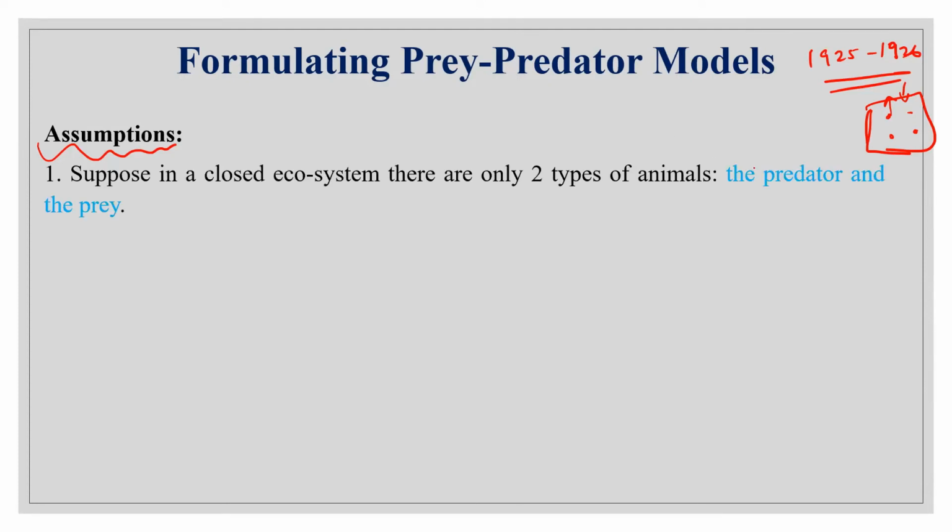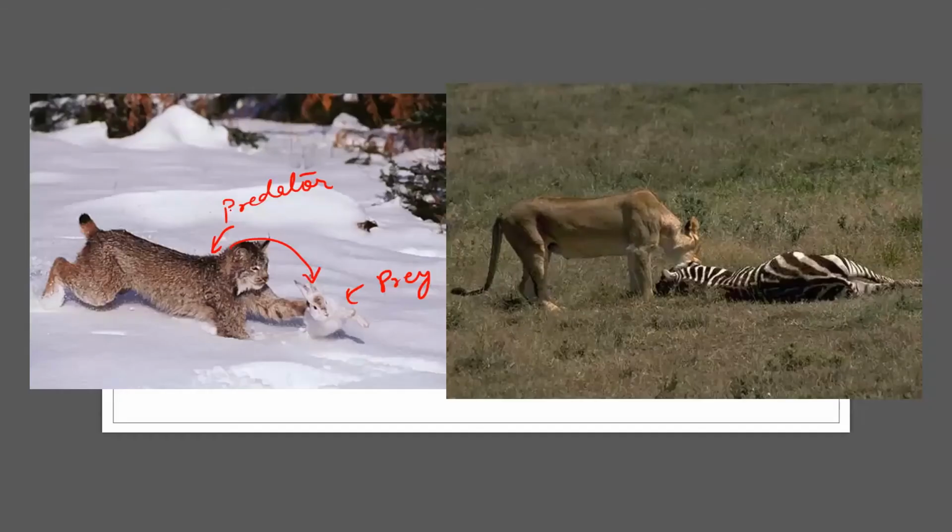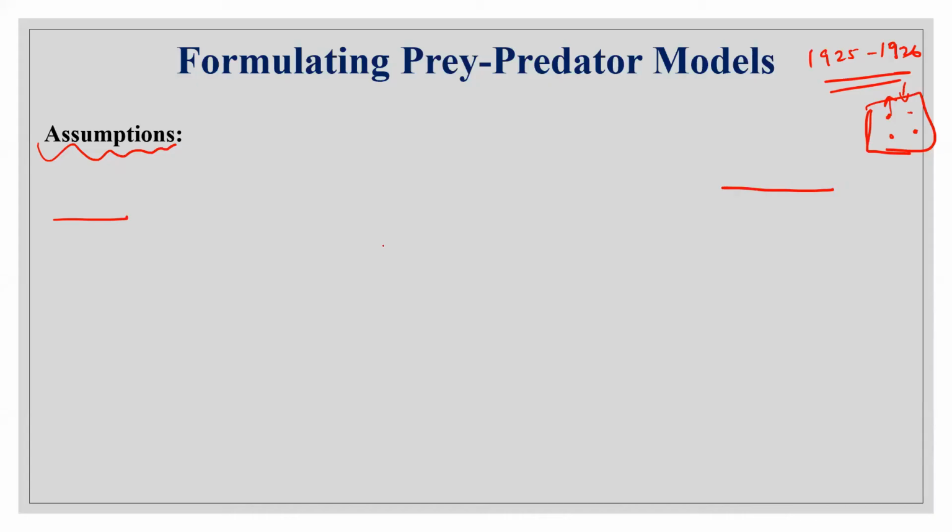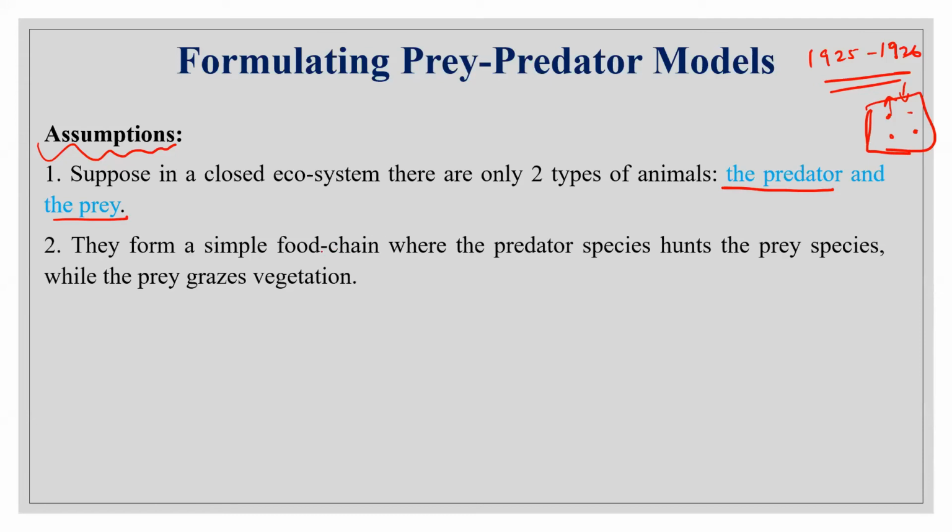So in the closed system, they considered two animals, that is the prey and predator, like the only two things I have shown you in the picture. Suppose that in an environment there are only two species, prey and predator, nobody else, right? These were the assumptions. And they also assumed that the predator hunts the prey and the prey grazes on vegetation, right?